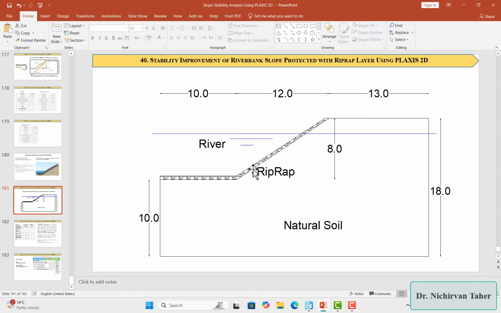So we will model this soil stratigraphy and this slope. We have a natural ground, and also we have a river.